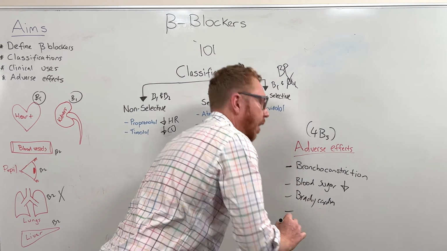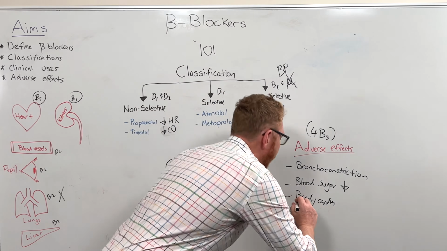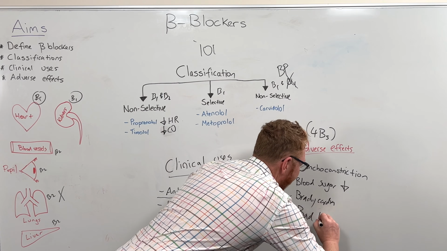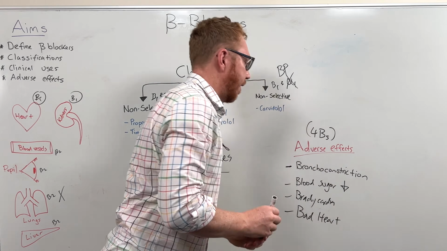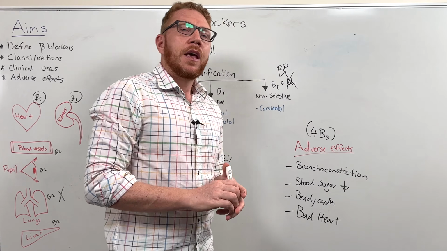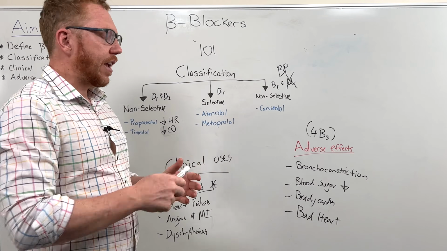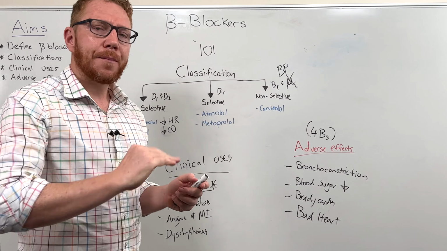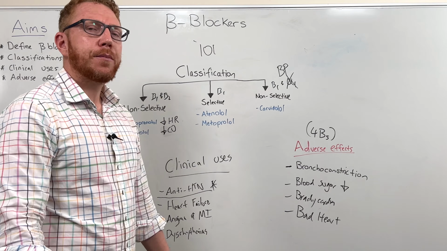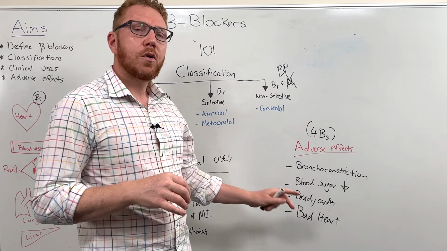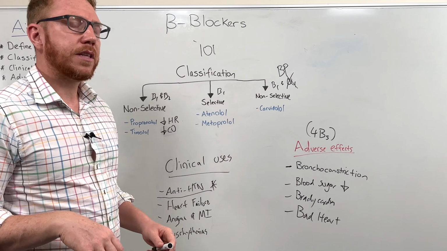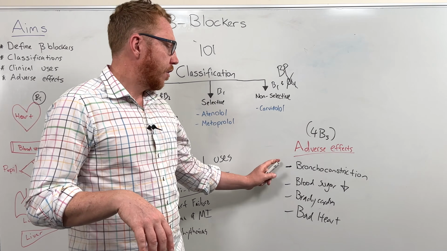Another one would be decompensating heart failure. So I'll put here bad heart. This is just referring to if you have decompensated heart failure, so your patient has, let's say, a really low heart rate, or they're developing edema in the legs or in the lungs, you may not want to give beta blockers because they are decompensating their heart failure. So that's the 4 Bs.